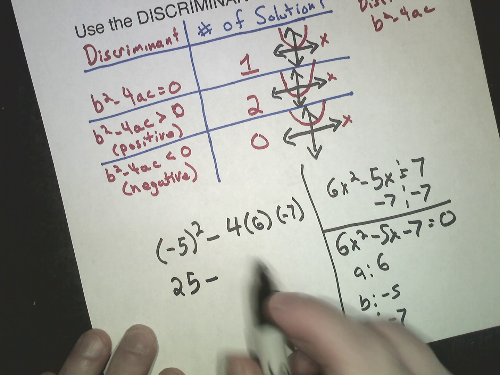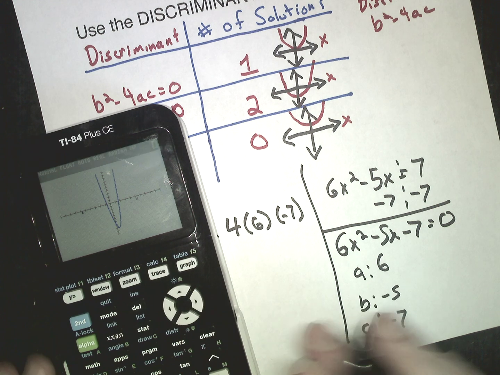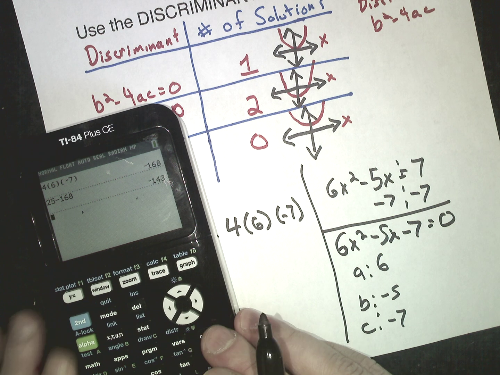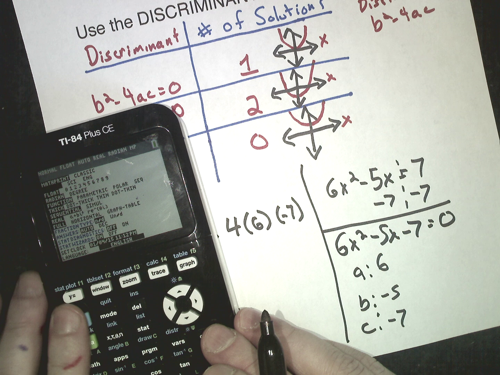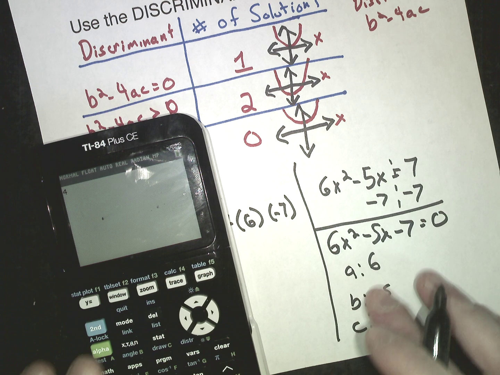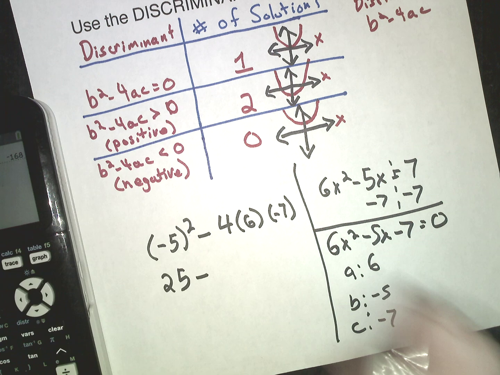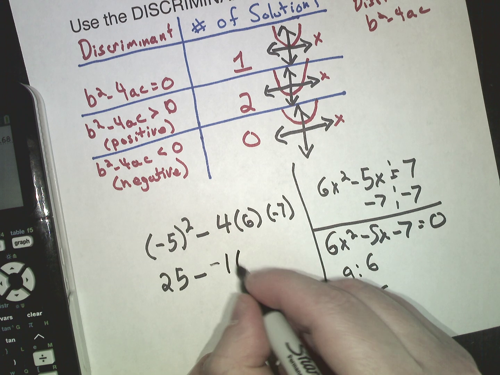Minus this number, 4 times 6 times negative 7. I'm going to see what that is. Make sure you don't forget your pluses and minuses here, your positives and negatives. I'm going to hit enter. I get this number, negative 168.